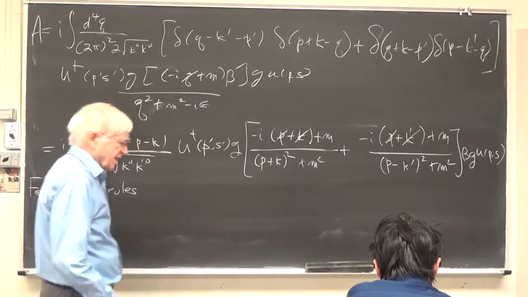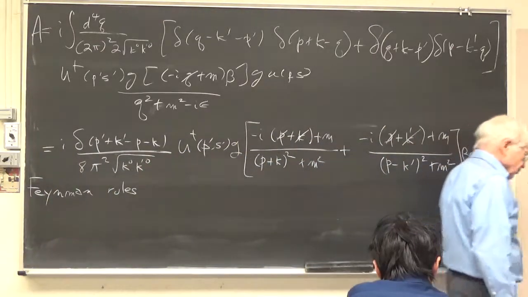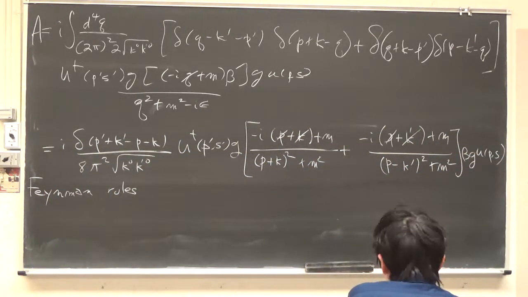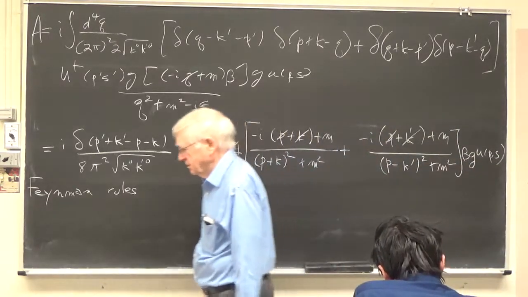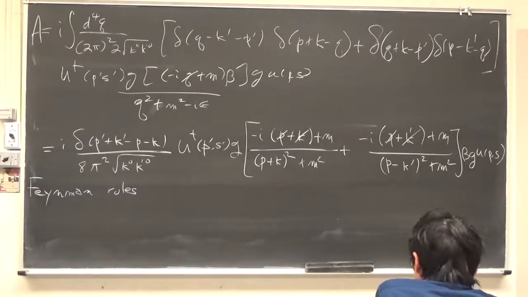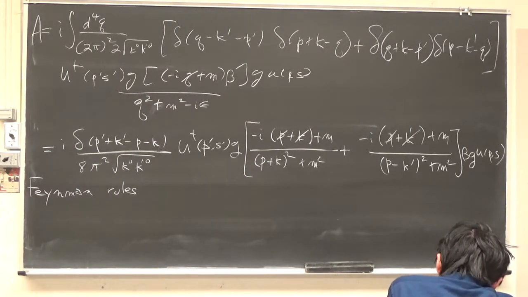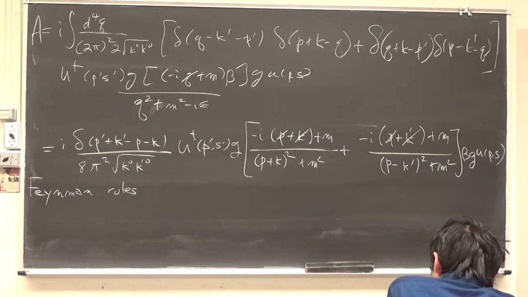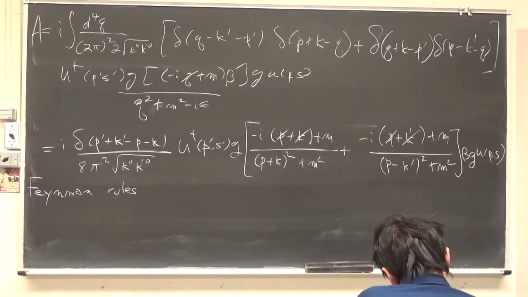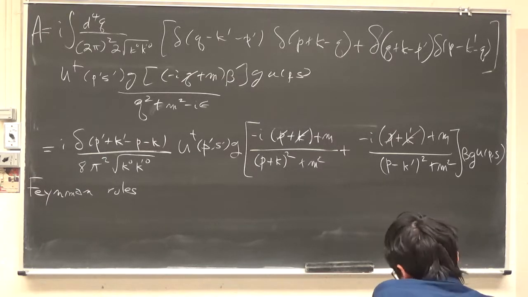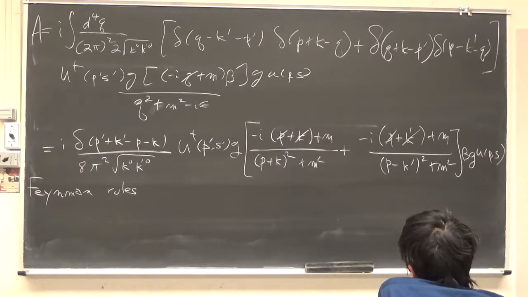And Weinberg lists these rules, and I'll go over them explicitly on Tuesday. I think today I'd rather continue with something else, namely the propagator, the Feynman propagator for spin 1.